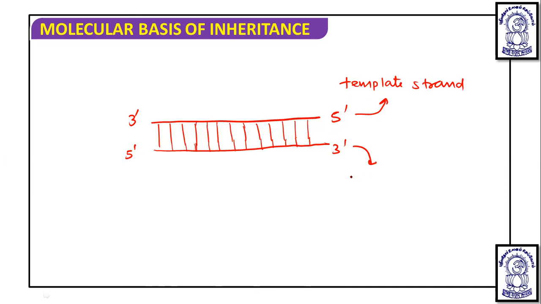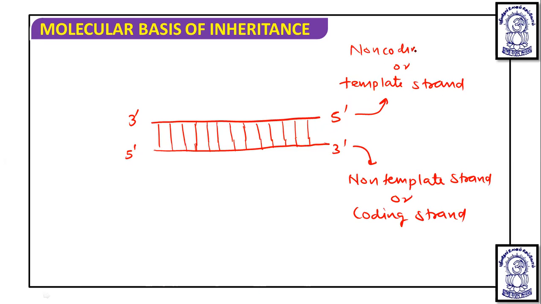Then this other strand is known as the non-template strand. This non-template strand is also known as the coding strand, whereas the template strand is also known as the non-coding strand. Remember the coding strand is 5' to 3', and the template strand is in 3' to 5' direction. Why it is known as coding strand, we will discuss during the transcription part, when we study the structure of a gene.